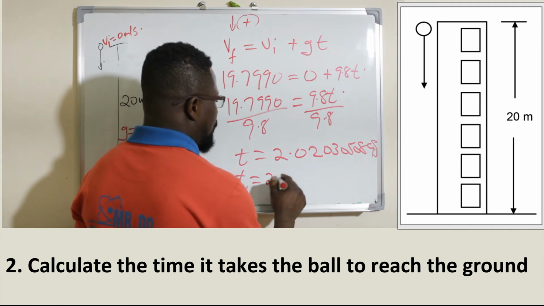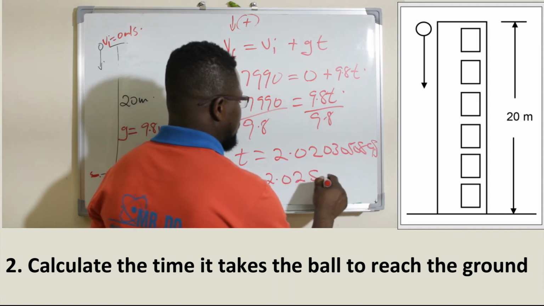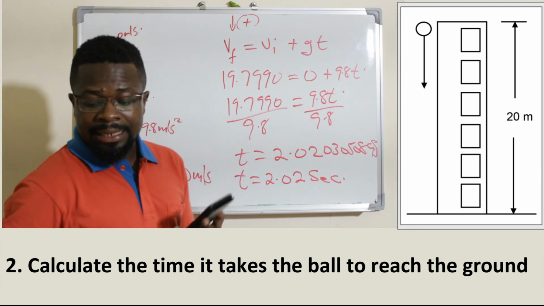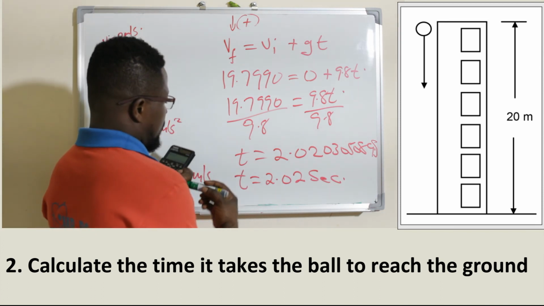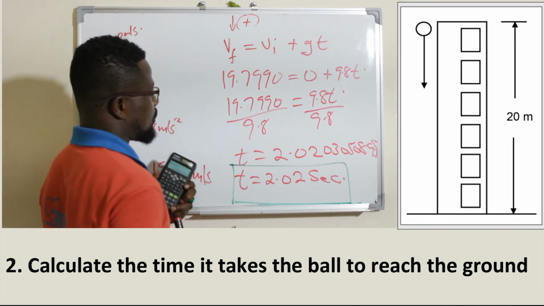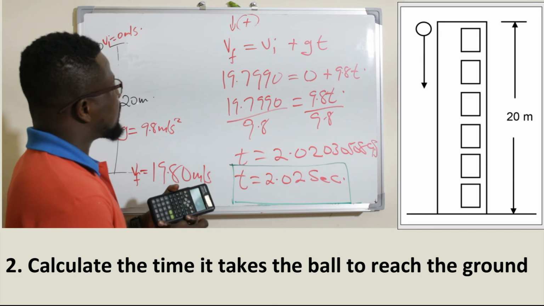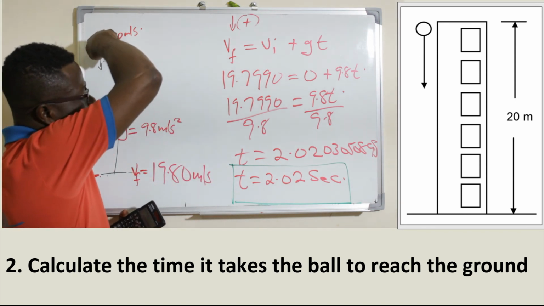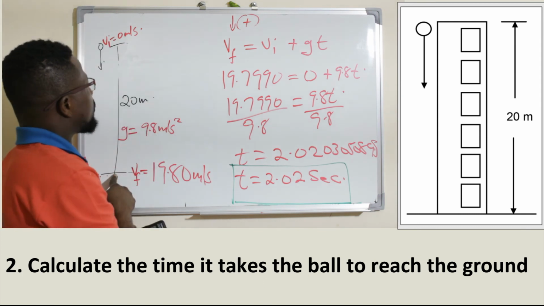So that's going to be 2.02 seconds. Right. So this is the answer to that problem that we are given. So this is the time. It's going to take the ball 2.02 seconds to reach the ground.